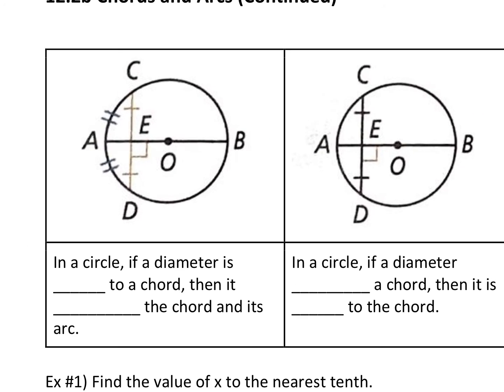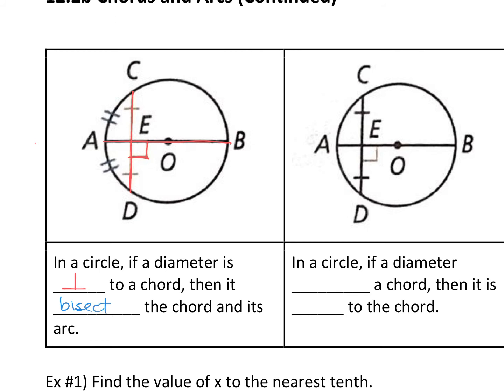In a circle, if a diameter is perpendicular to a chord, okay, so here's a diameter that is perpendicular to the chord, then it bisects the chord and its arc.